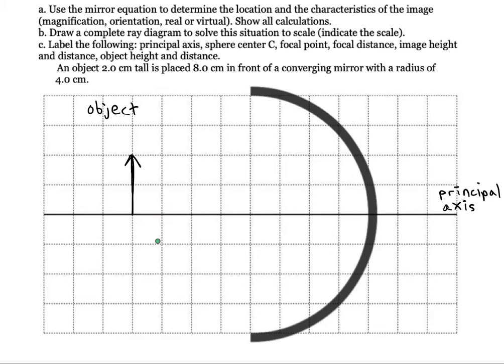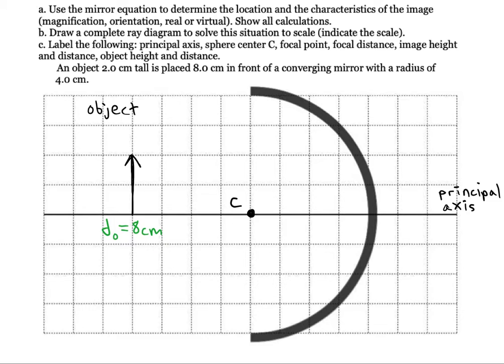All right, if we want to say what the distance is, we can use DO equals 8 centimeters. Now the center of the sphere is going to be here. We label that point with a C, but it is not the focal point of this mirror.